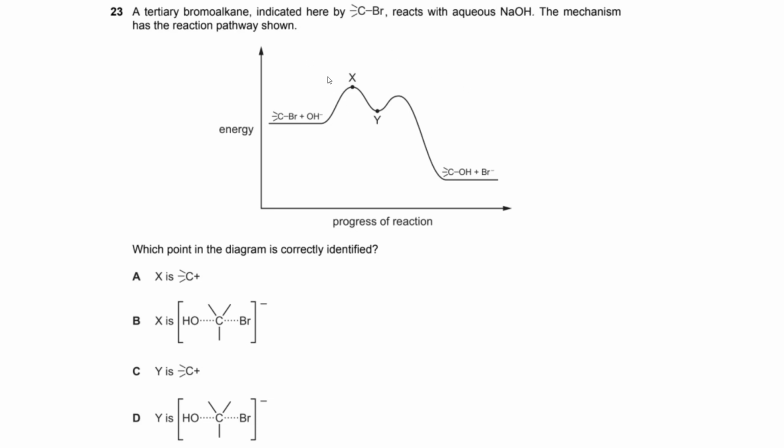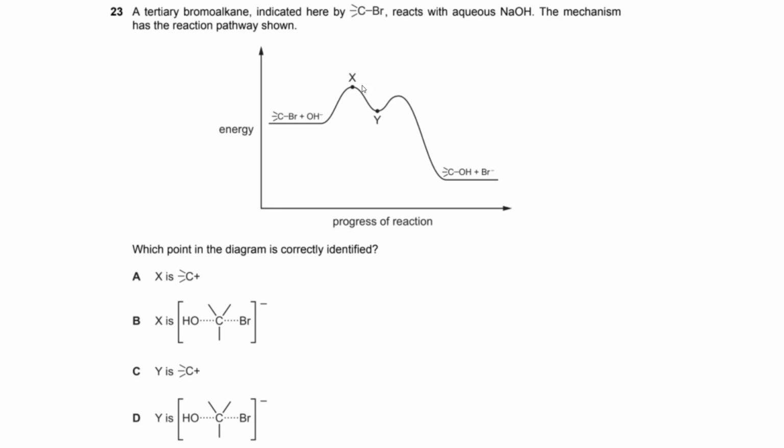So we know that we're going to have a nucleophilic substitution, with the OH, and it's showing the reaction pathway. Which point in the diagram is correctly identified?